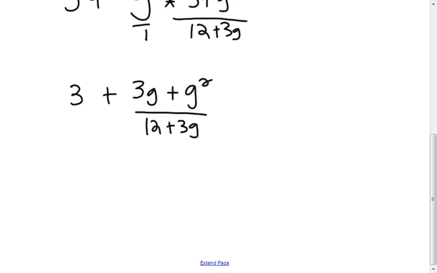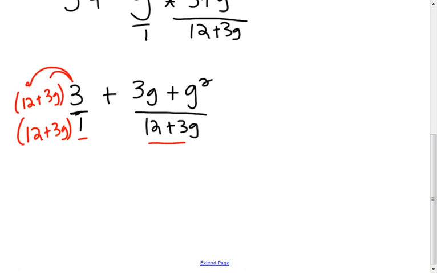Okay? I still can't combine it with this 3 over here because this is over 1 right now. And now I have that fraction that I do not have a common denominator with. So if I compare these two denominators, you can see that I need to multiply by 12 plus 3g, top and bottom. Okay, and now I need to distribute that 3. So 3 times 12 is 36. 3g times 3 is 9g.